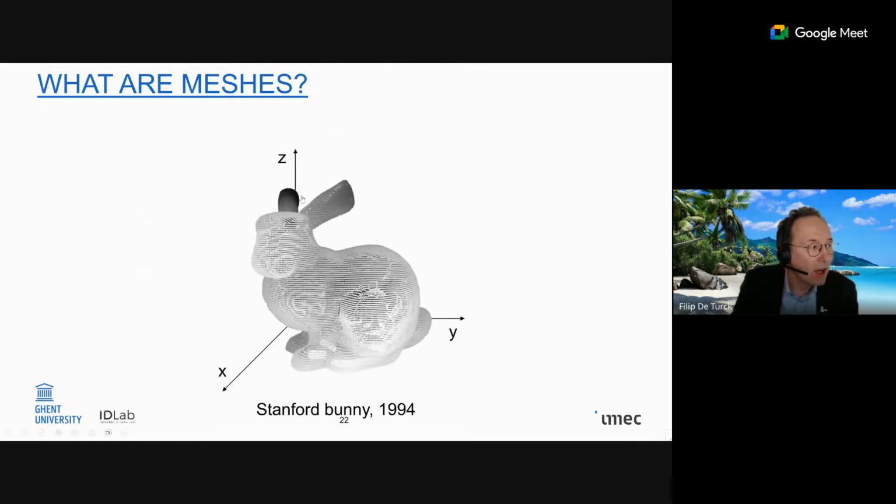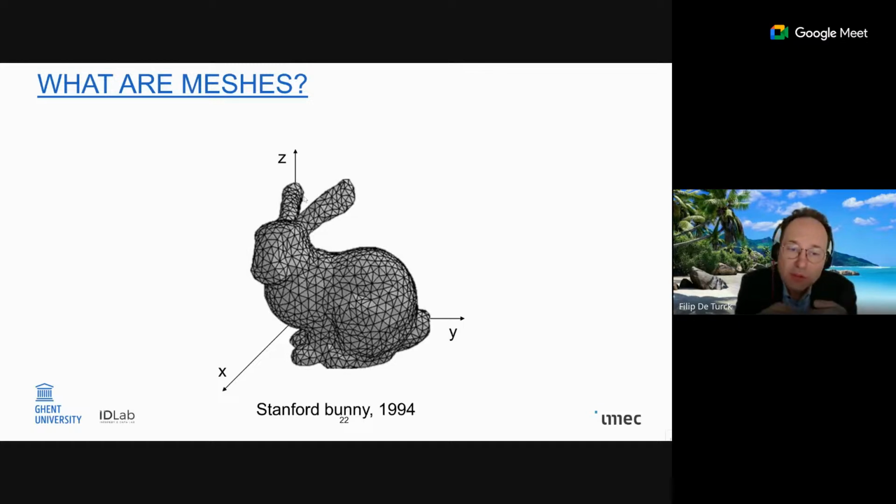And an important optimization, because if you have these point clouds, they consume a lot of bandwidth. You really need a lot of data points, a lot of information. And if you make use of meshes, then we will construct small triangles on top of the surface. And then we also keep the information about the location of the triangles together with the color information inside the triangle.